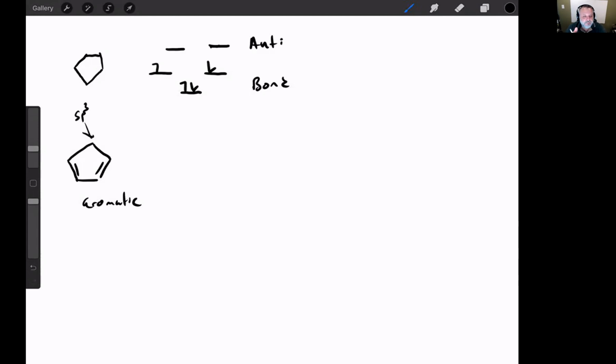It's not a Huckel number, and because of the sp3 hybridized carbon, it's not a continuous ring of planar overlapping p orbitals. But what about this molecule? What about this one? Is this one aromatic?